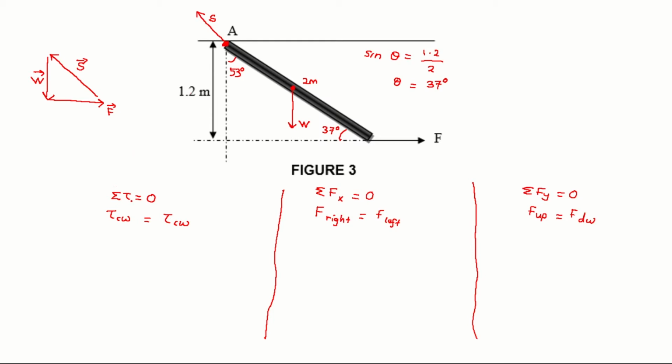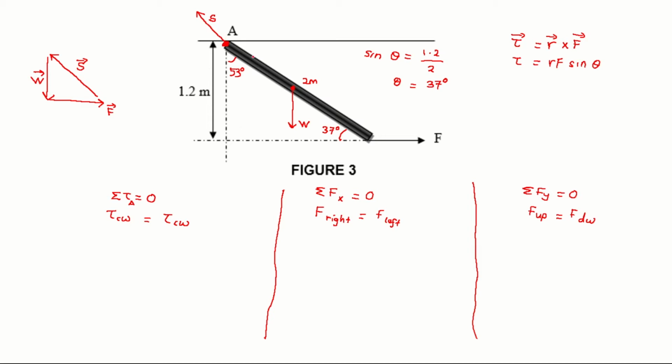Torque at point A equals 0 because R here equals 0. We know that torque is a vector equal to R cross F, so the magnitude of torque equals R F sine theta, where theta is the angle between R and F. In this case the axis of rotation is at point A, so R for force S is 0, which means the torque at point A for S equals 0.